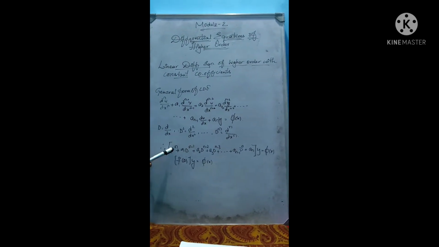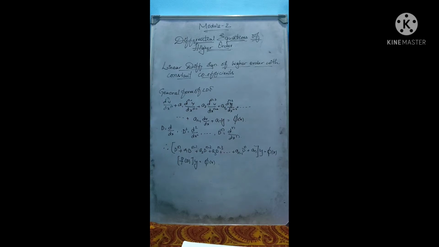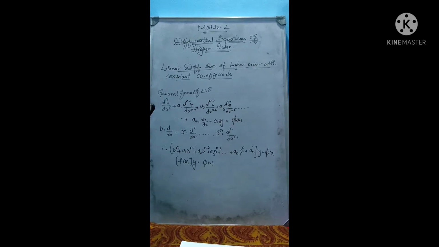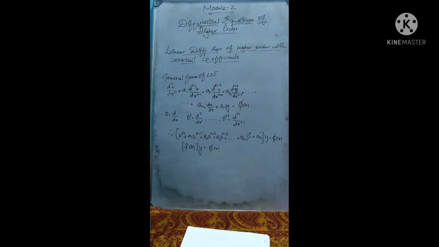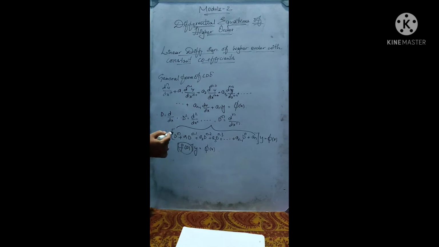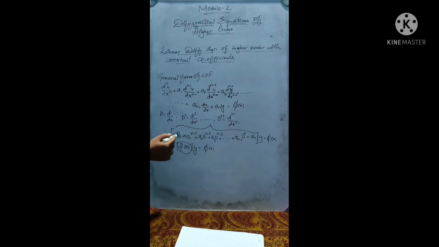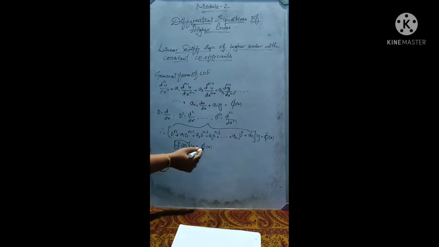And also, most of the time, the coefficient of the highest order derivative is supposed to be always 1. So you can consider this as a function of D. If you consider f of D as this entire thing, the compact form of representing such a lengthy general form will be this one.